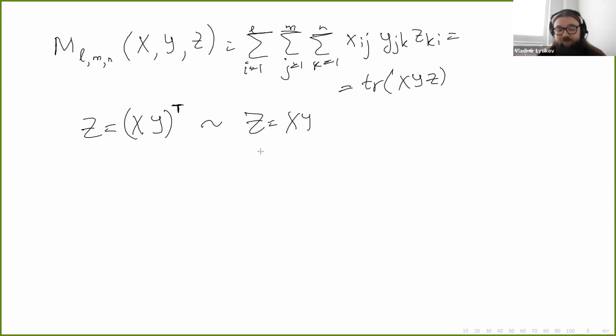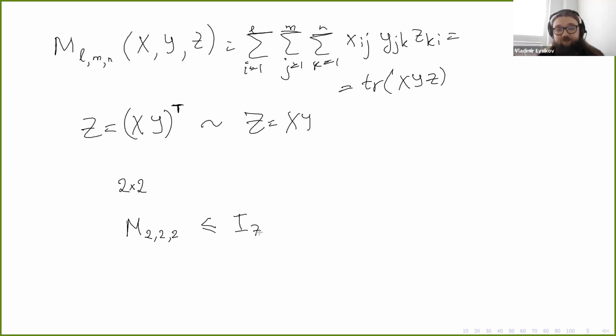So, for example, if you know Strassen's algorithm, it works essentially in the following way. First, we construct a bilinear algorithm for 2 by 2 matrix multiplication. So we have the tensor M_{2,2,2}, and we construct a bilinear algorithm, or essentially a reduction, from I_7.